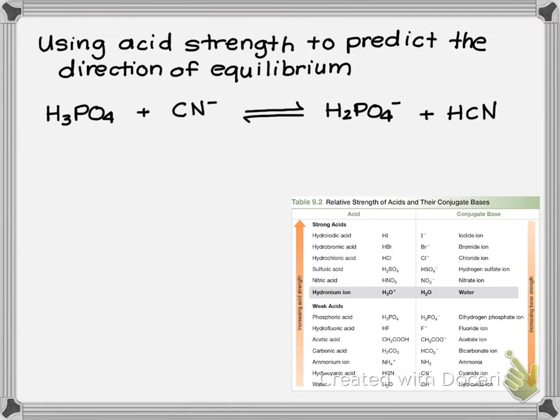But equilibrium, recall, means that the rate of the forward reaction and the reverse reaction are equal. And when that occurs, we often have one side of the reaction, the reactants or the products, favored. In an acid-base reaction, we can use acid strength to figure that out.